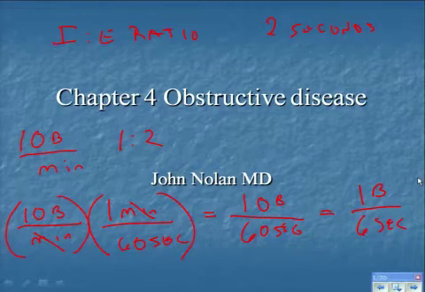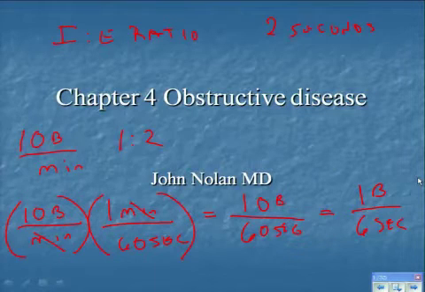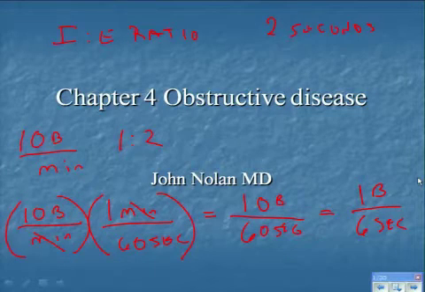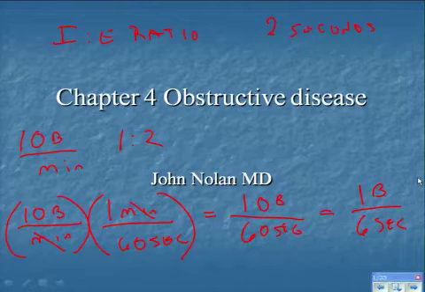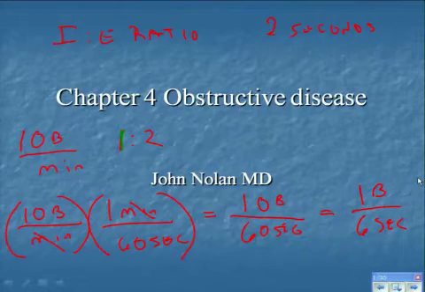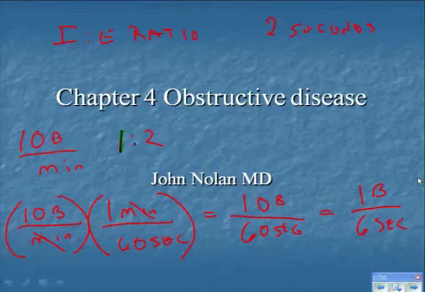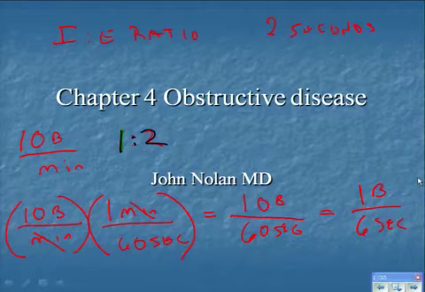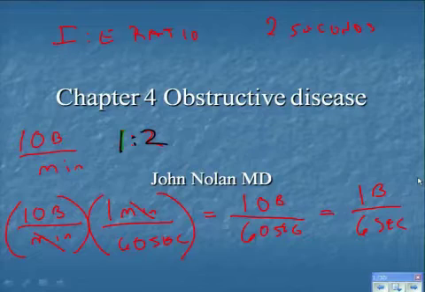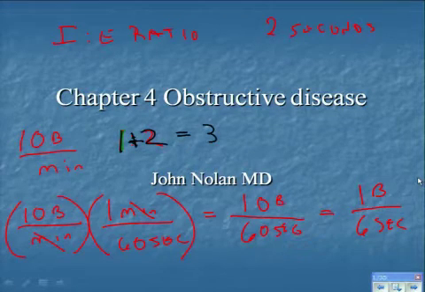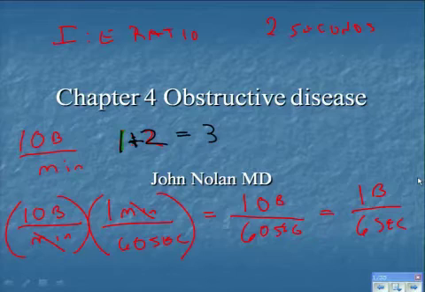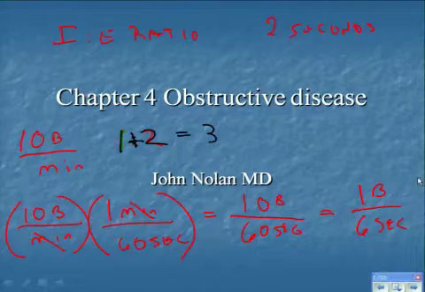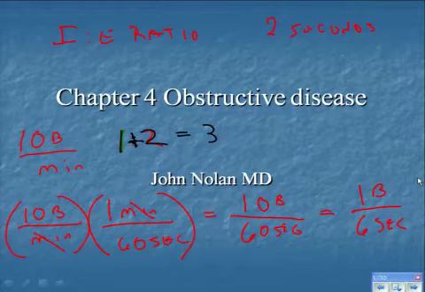Just imagine that instead of the colon in 1 to 2, you make it a plus sign. It gives me 3 units of time. 3 units of time goes into 6 seconds how many times? 2.